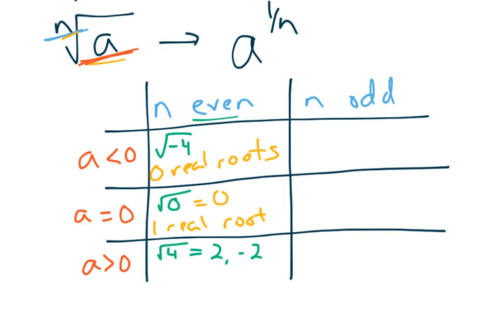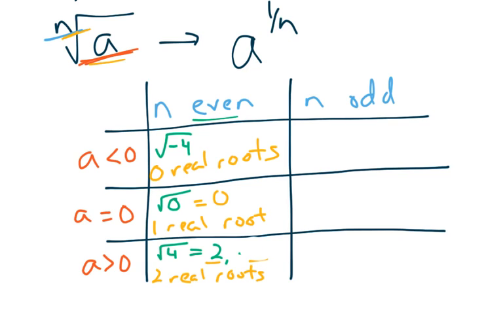So if the number underneath the radical is positive and the index is even, you have two real roots. Whether it's a square root, fourth root, or sixth root, the numbers are going to be the same. The only difference is one's positive and one's negative.